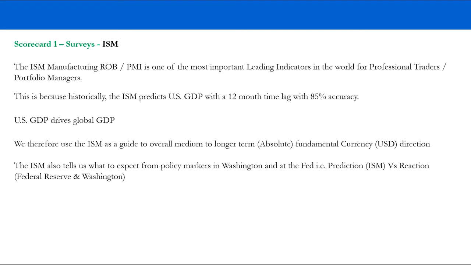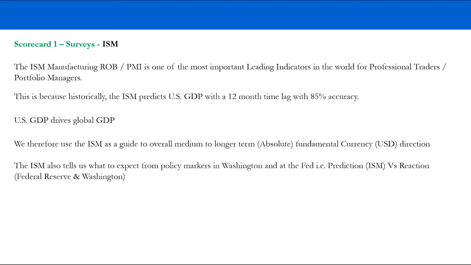Because of that accuracy in predicting US GDP, it also gives a very good indication of whether global GDP is set to grow or contract, because the United States is the world's largest economy. So we use the ISM as a guide to the overall medium to long term absolute fundamental currency direction for the US dollar.